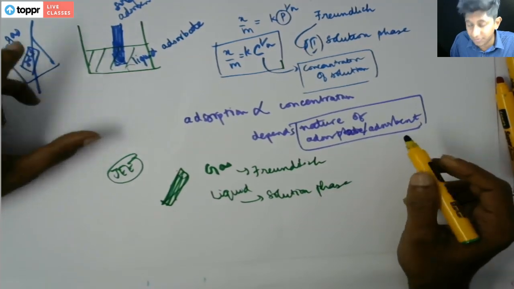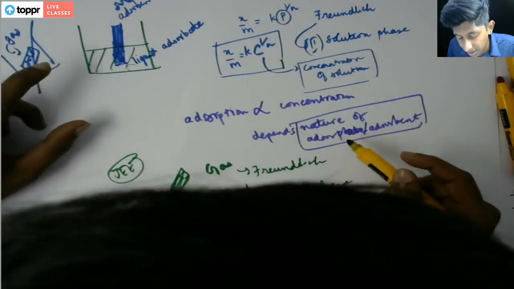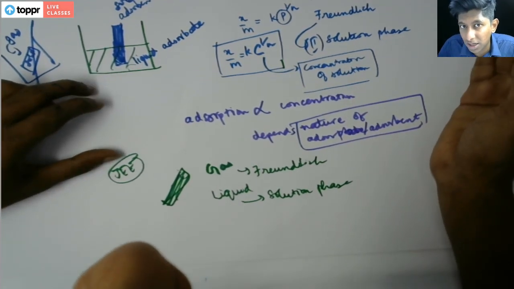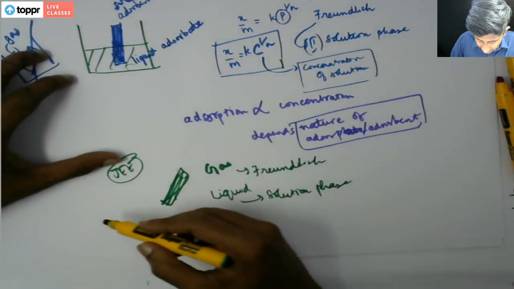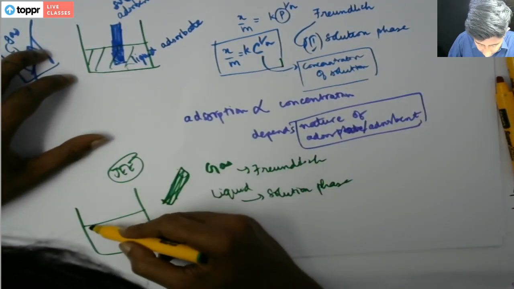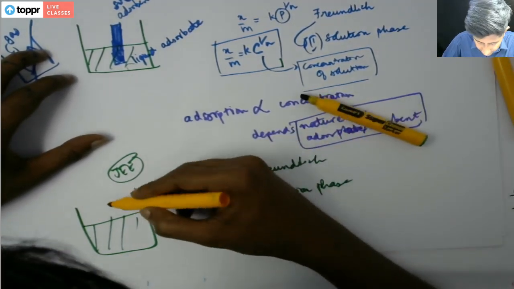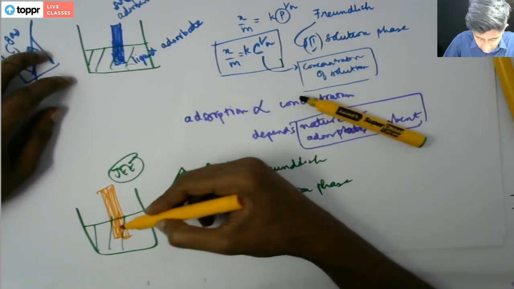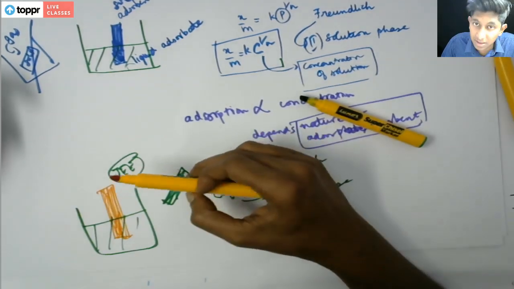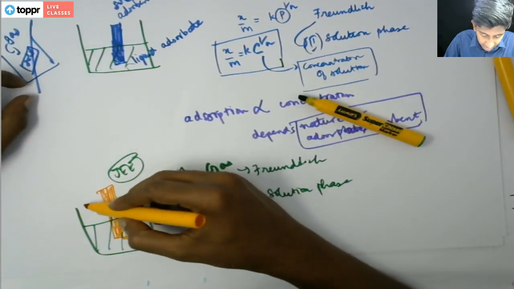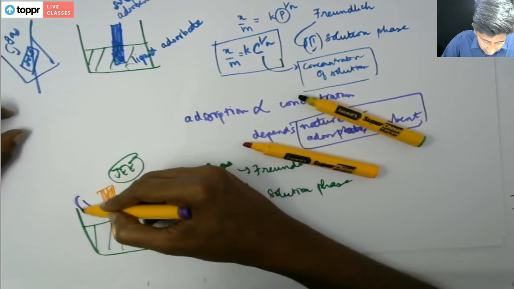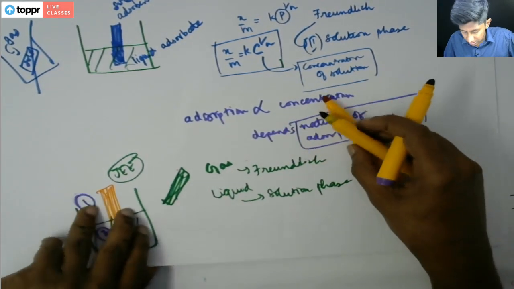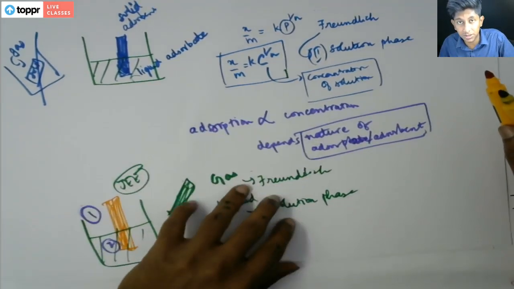There could be interrelated problems as well with multi-systems where two of them are getting adsorbed, one from a solution and one from the air. Something like this, where you have a solution and there's a metal like this. They could ask you what the rate is, what is happening here. In this case you will have two different cases of adsorption happening, one here and two here, so you will have to correlate. Keep this in mind, the second equation.